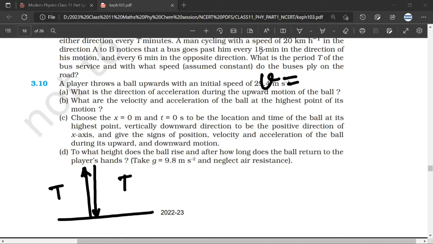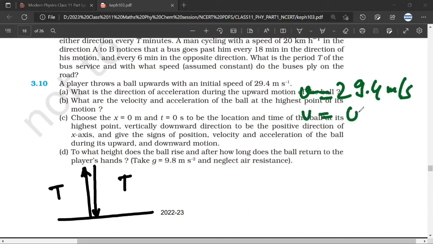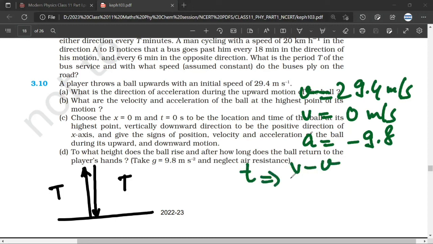So if the initial velocity is 29.4 meters per second, the final velocity is 0 meters per second, and acceleration is minus 9.8, then v = u + at, and t = (v − u)/a. Do we agree to this?